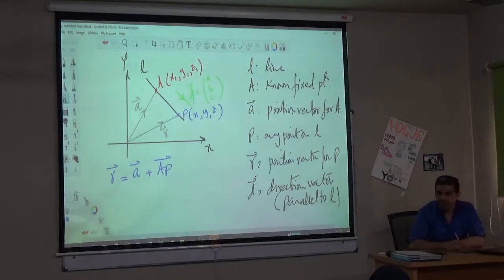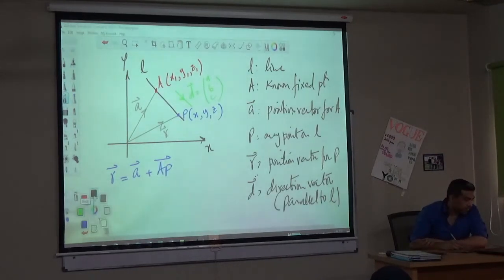This vector D is running parallel to your line. Can I use D with scalar multiplication to define the vector AP? If vector AP and D are both parallel to each other, can they be scalar multiples of each other? Okay.